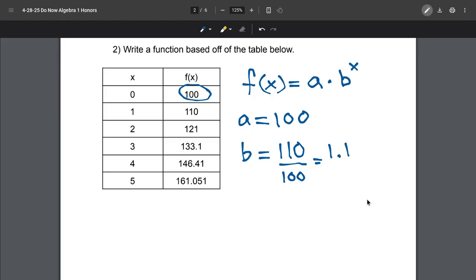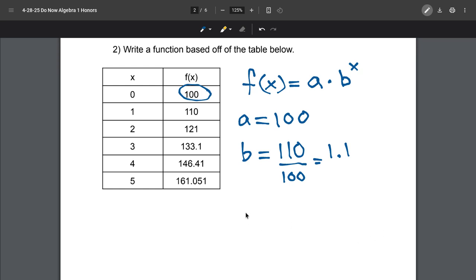Now if I multiply 110 by 1.1, we'll get 121. If we multiply by 1.1 again, we'll get 133.1, and so on.